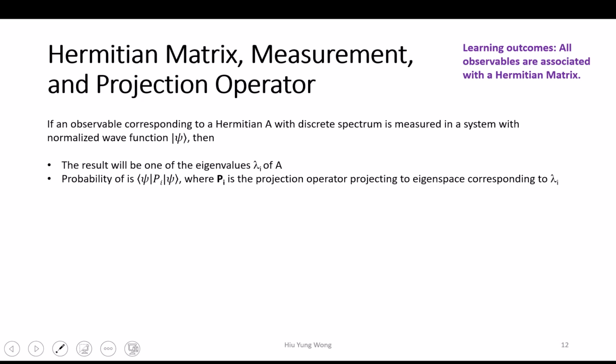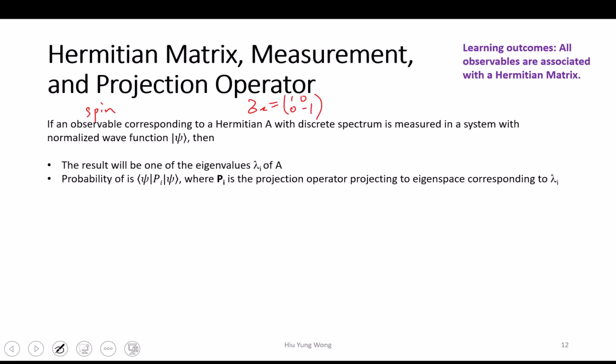But for example, when you measure the spin, it might correspond to the Pauli matrix sigma z, right? Which we just discussed.